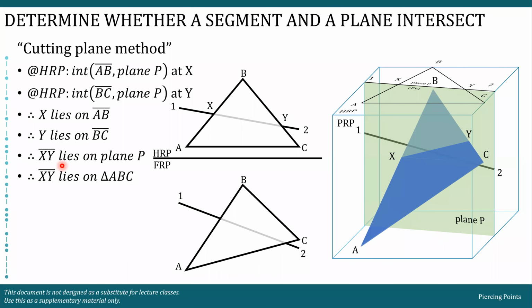So kaya meron tayo dito. Actually, itong part na itong XY lies on plane P, XY lies on ABC, gusto kong isusulat nyo siya dyan para hindi nawawala sa isip nyo na yes, dahil ginawa natin siyang intersection, it is an element of both planes P and ABC.